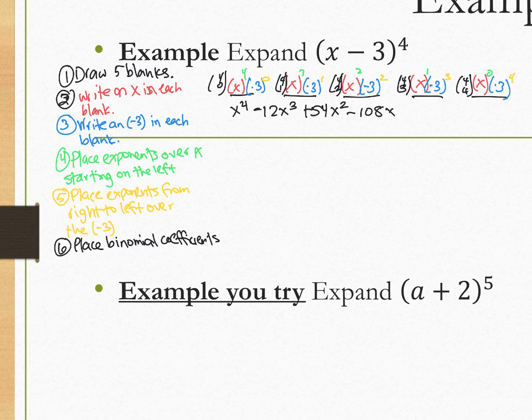And 4 choose 4 is 1 times x to the 0 times -3 to the 4th, which would be just positive 81. And there is your final answer.